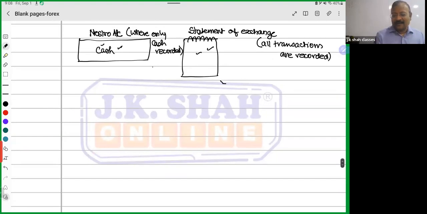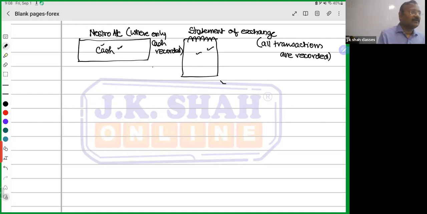Okay, now suppose there is a transaction of cash payment, spot payment. Will you record it? Where? Both. So now you've got a very clear idea: whenever there is a movement of cash, in both the places. Now wait. You enter into a forward contract to sell dollars, you will record it in the statement of exchange, right? Now on the due date there will be movement of dollars.